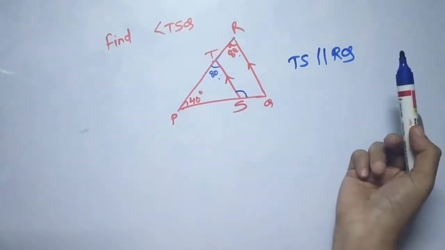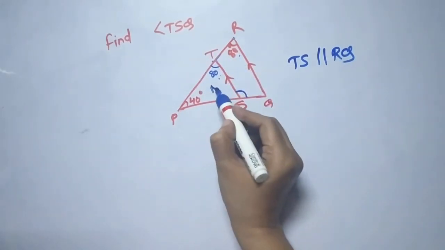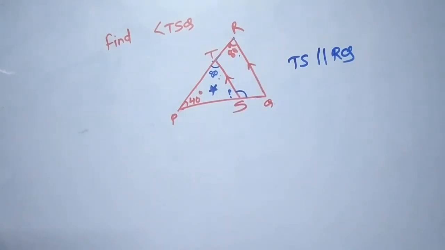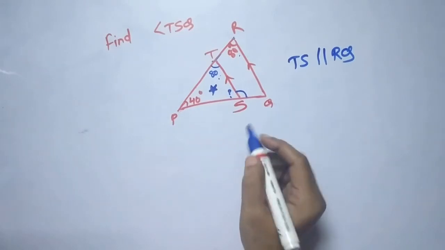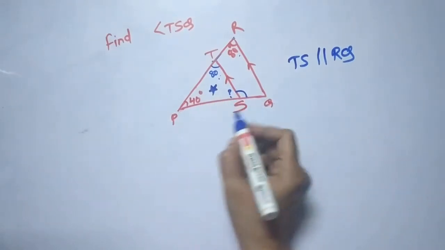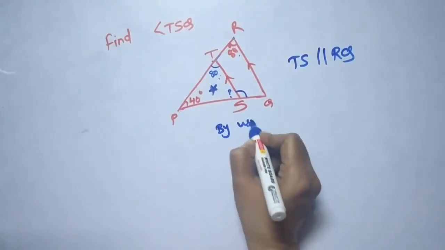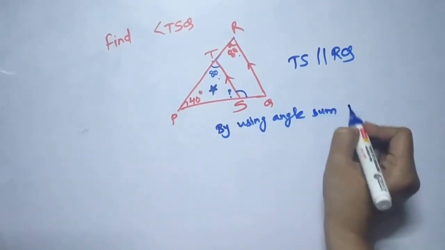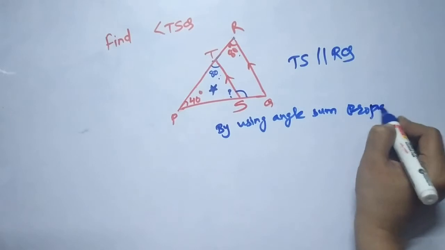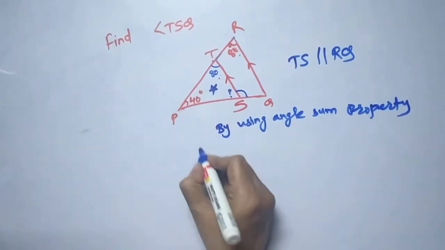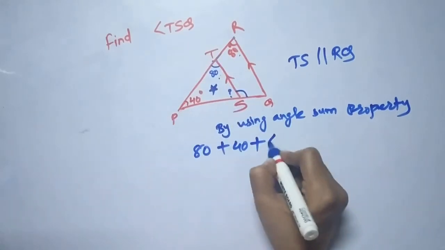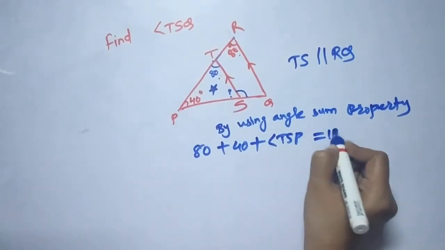So this angle is what? 80 degree. So friends, now if you notice this triangle, we can easily get this. This 80 plus 40 will get 120, and by using angle sum property we can write, we'll get 80 plus 40 plus this angle TSP is 180 degree.